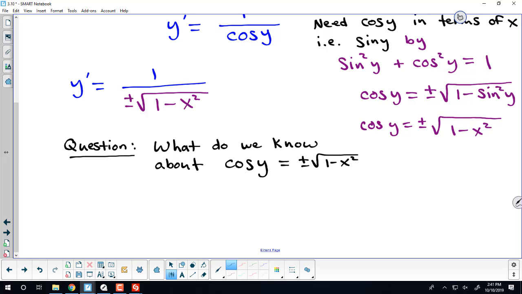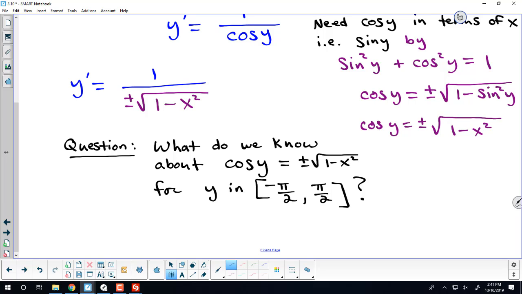What do we know about cosine y for, like we said at the very beginning, our y values in the interval negative pi over 2 to pi over 2? Because y was really the output or the range of the inverse sine, which is that. So what do we know about cosine y for these y values? Do we know anything about it? We should know something about it.